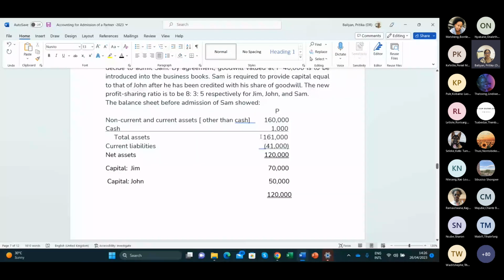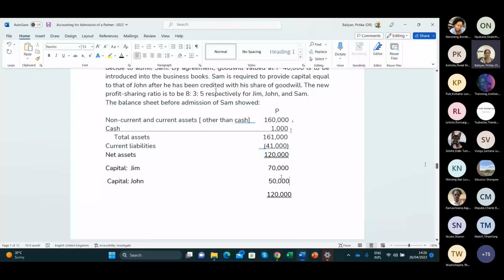Previously we had current and non-current assets 460,000, cash 1,000, liability 41,000. There is no other information about liabilities increasing or decreasing. And then the capital, the proportion of capital they bring into the business, right?